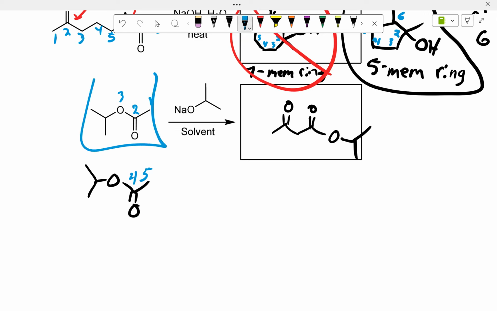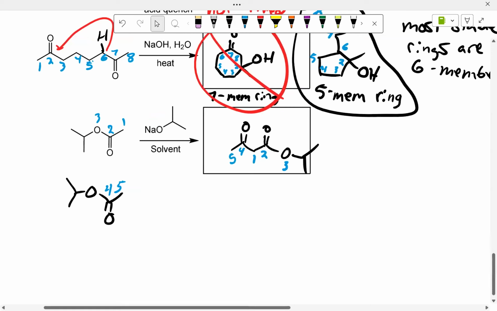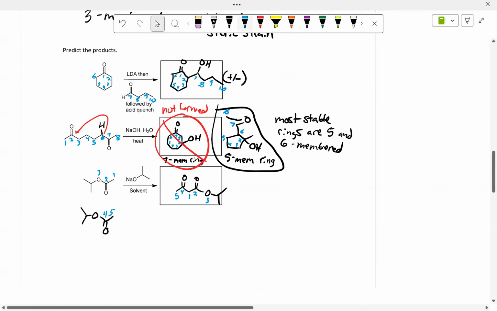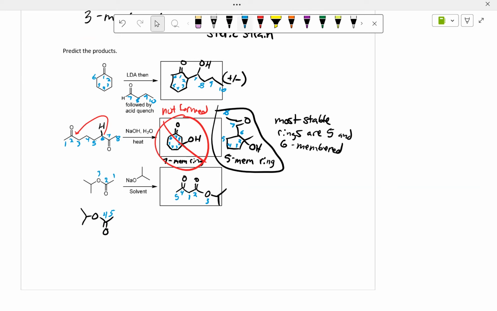So I'll have the top one be the ester. This is carbon 2, this is carbon 1, this is carbon 3, and then this is carbon 4 and carbon 5. So the Claisen is going to create a ketone and an ester, with one carbon in between them. If you have any questions on anything, let me know, and if not, then good luck on your test.